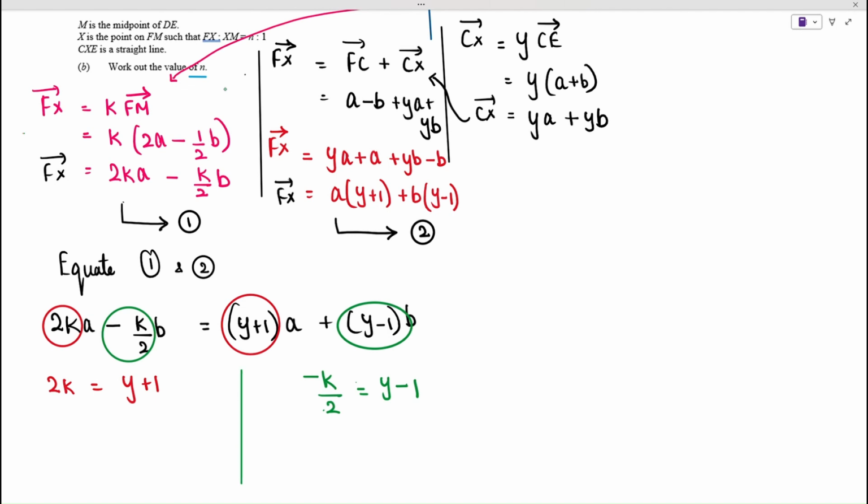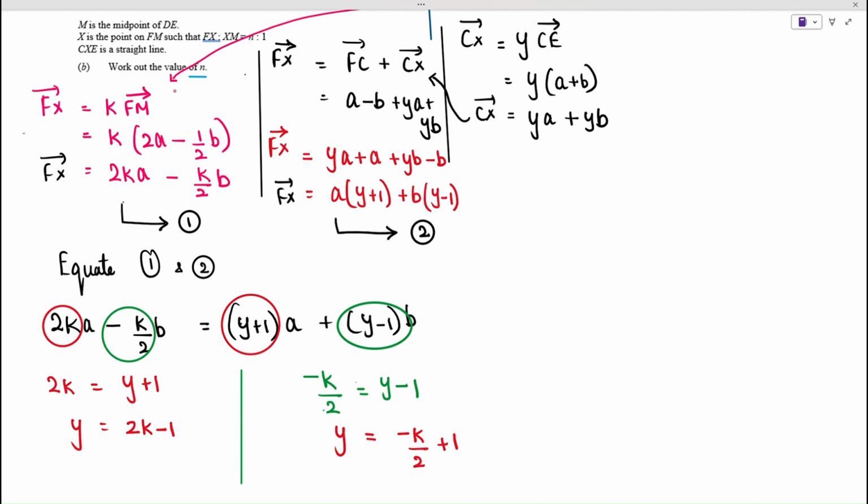And so what we're going to do now is rearrange both of the equations we have to isolate y. So for the equation on the left hand side, we have 2k minus 1 is equal to y. Sorry, 2k minus 1 is equal to y. And on the right hand side, we have y is equal to minus k over 2 plus 1.